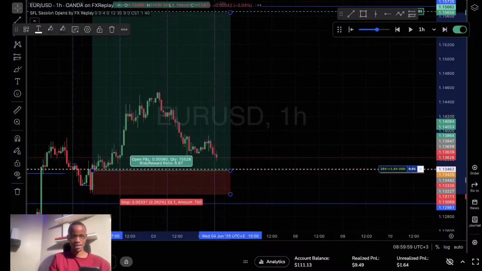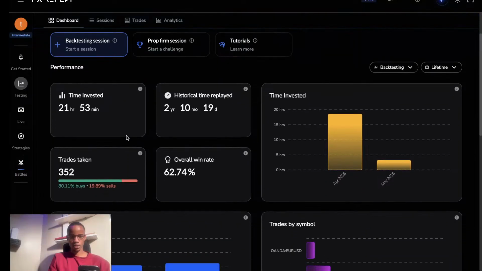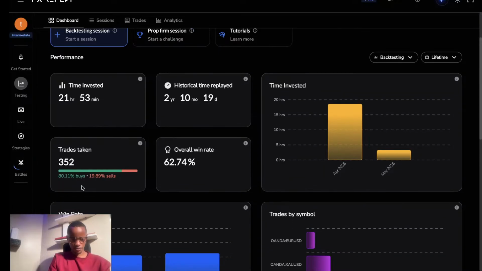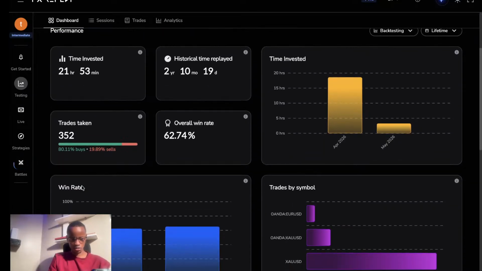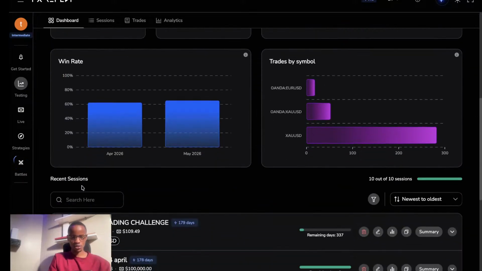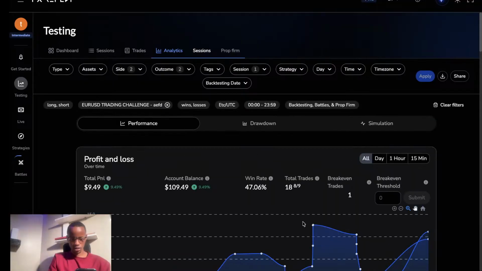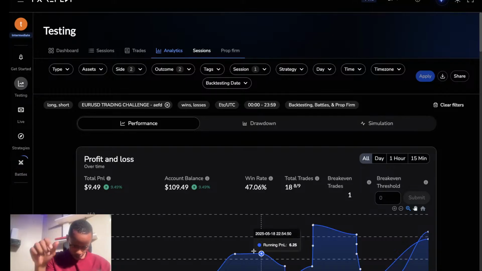Let's just see the analytics. So far I have like 352. These are other systems I've been trying to backtest, but the overall win rate is like 62, which is nice. This is our system. The profit and loss is $9.4. Account balance 109. This is day 2, guys.